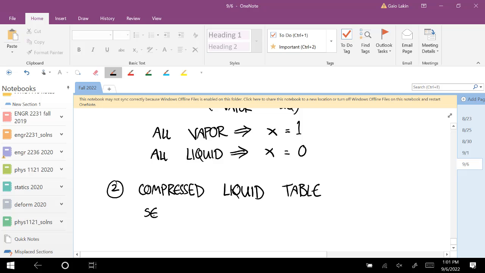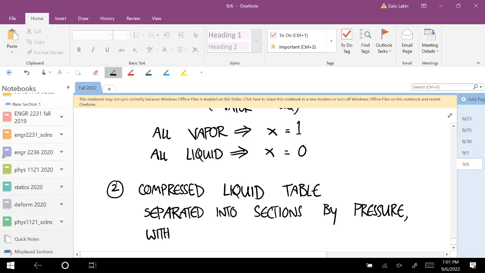So they're separated into sections by pressure, and then within that section, they're indexed by the temperature.